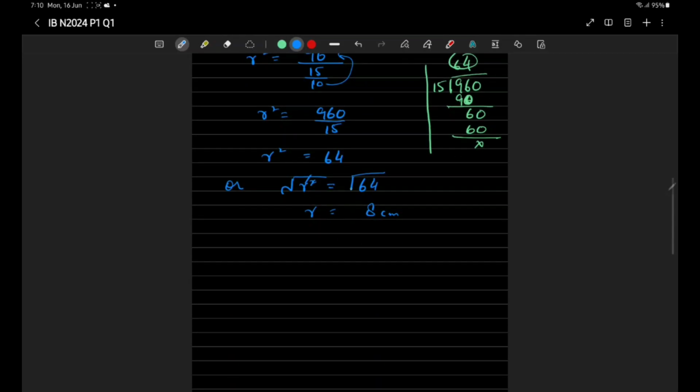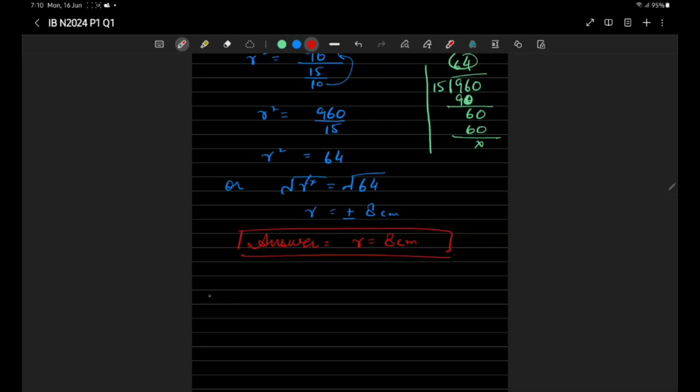As when we take square root, the answer will come with positive and negative sign. But as length and radius will always be positive, so the answer is R is equal to 8 centimeter.